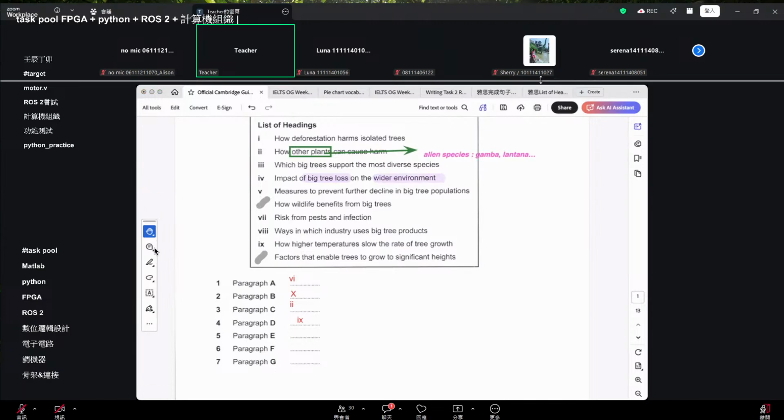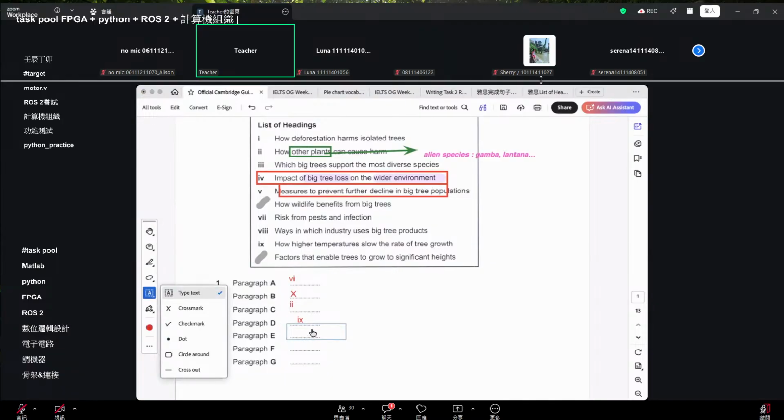So I should write this here. This one is going to be the answers for paragraph E4. What about the rest of the bit?